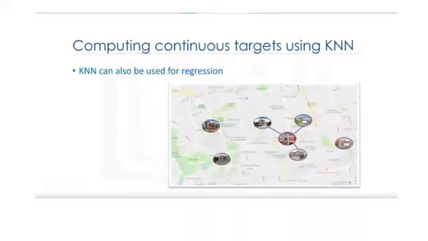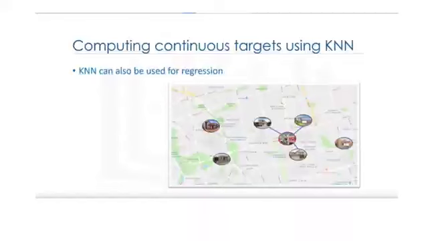Let's suppose I'm going with k equal to 3. These are the three nearest, very similar houses. Even the location matters, so I cannot compare my house with some other house located 30 kilometers away, right? These are the three closest similar houses compared to my house.